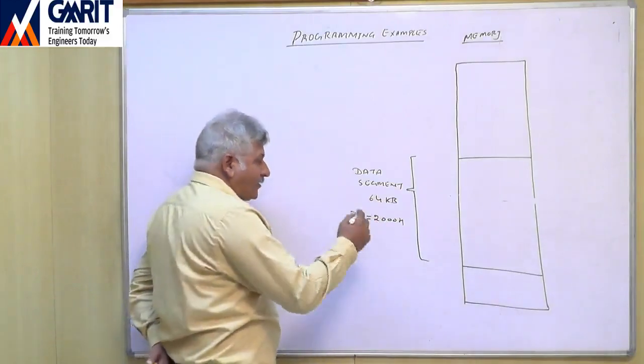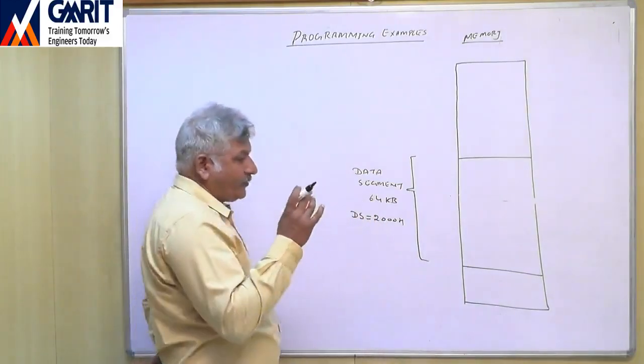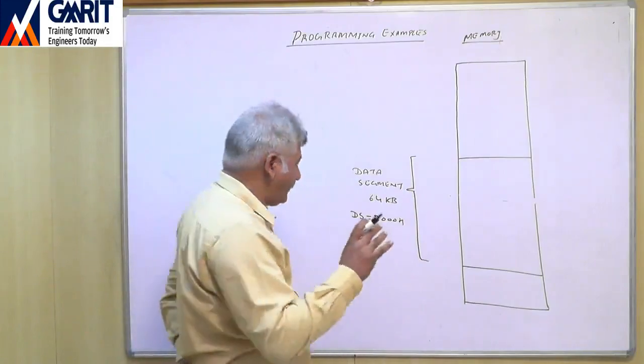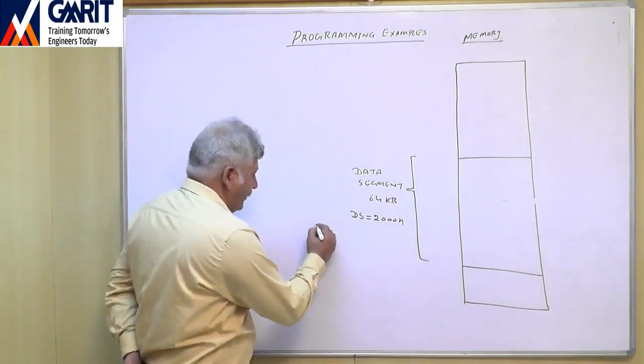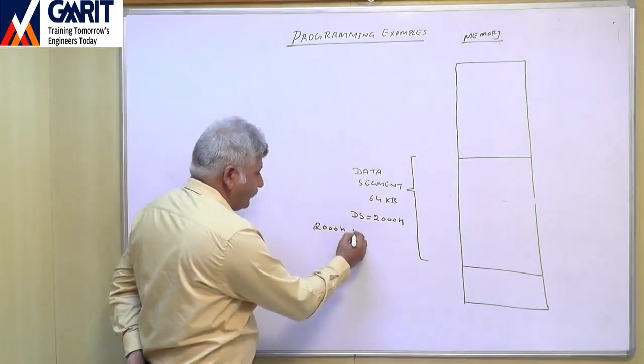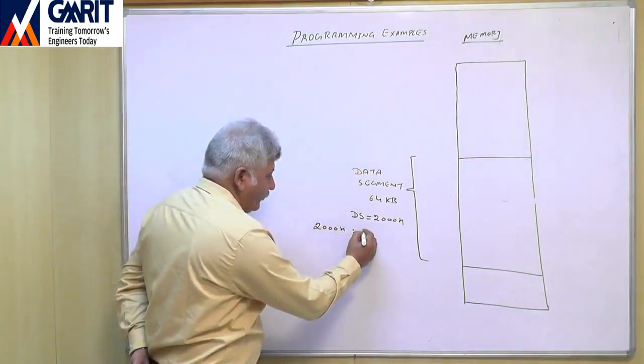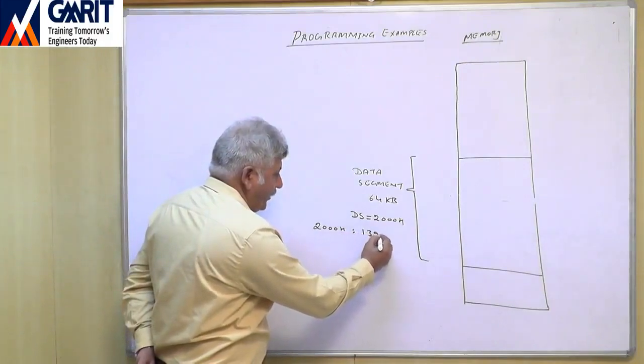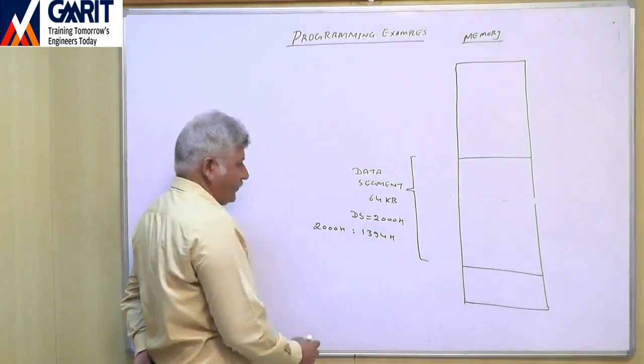There is one convention to write the segment address and offset address, and the convention is like this. If we write 2000H colon 1394H, right?